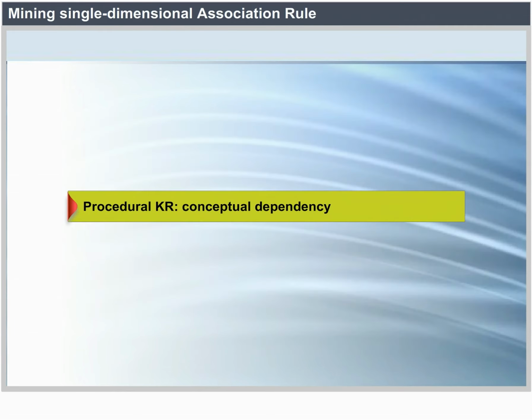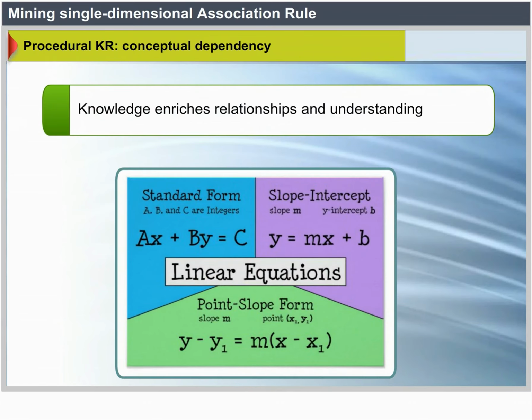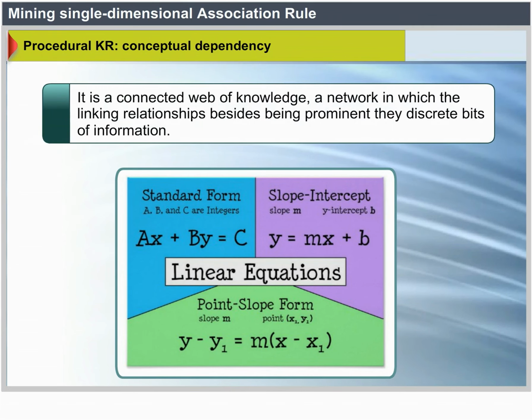Procedural KR: conceptual dependency. Knowledge enriches relationships and understanding. It is a connected web of knowledge, a network in which the linking relationships are as prominent as the discrete bits of information.